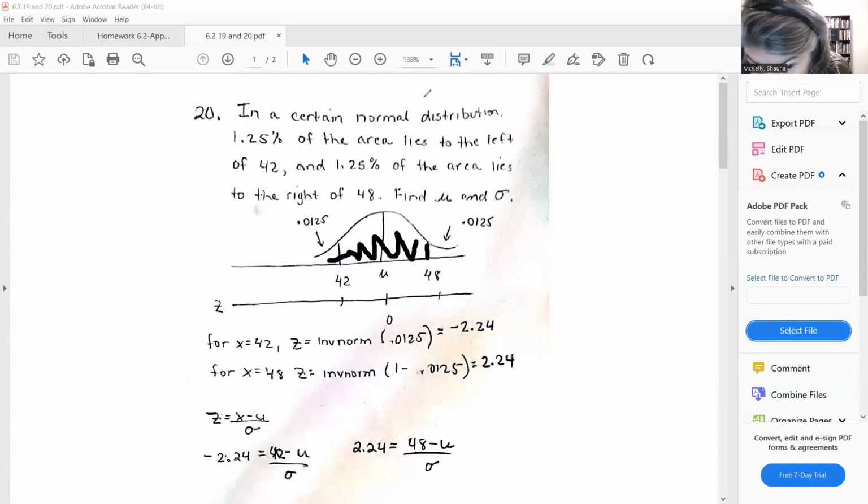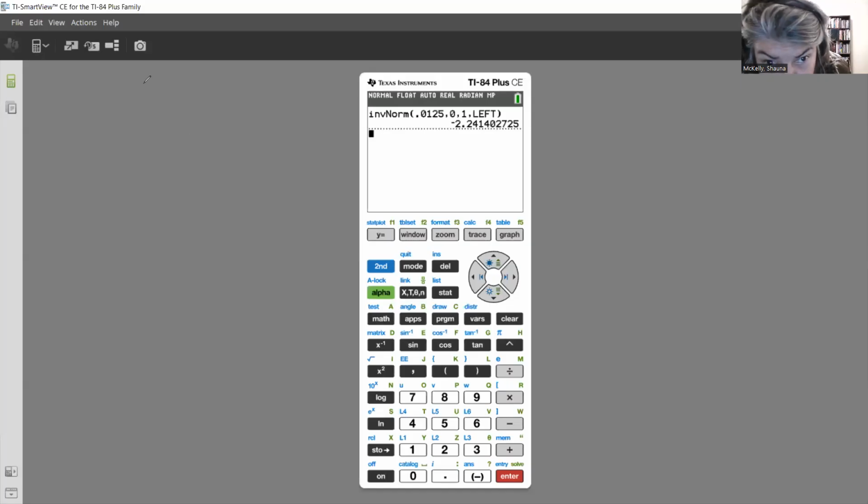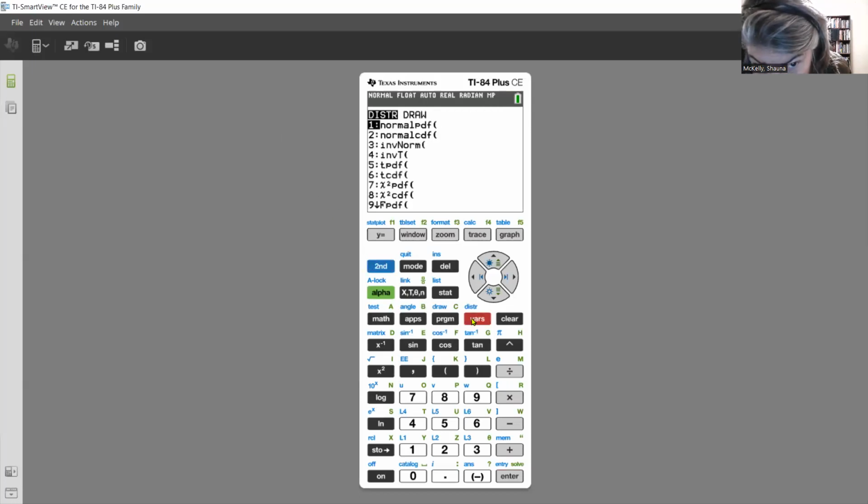Second distribution. Let me get the mouse cursor back. Second distribution, inverse norm, number 3.